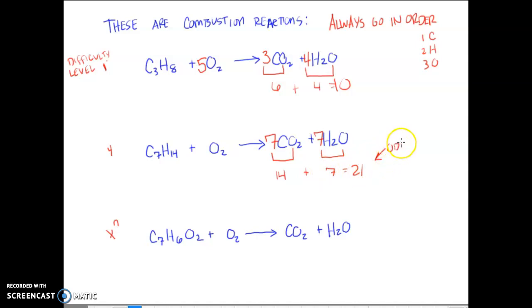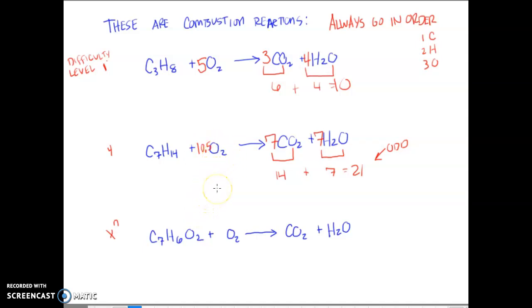Odd. Which is bad. This is exactly like the problem I did last night, where the only way to balance my oxygens is to, over here, put a 10.5. And in nature, we're not allowed to do that because oxygen exists as O2.